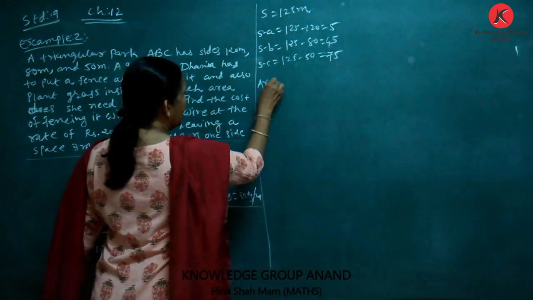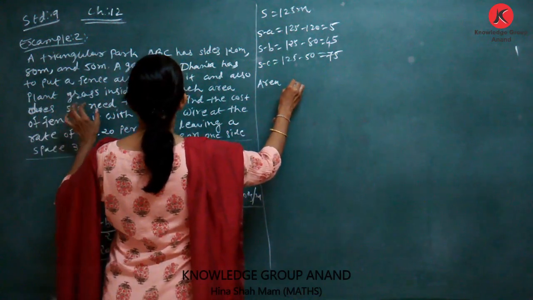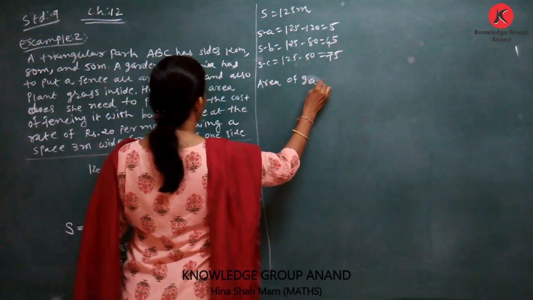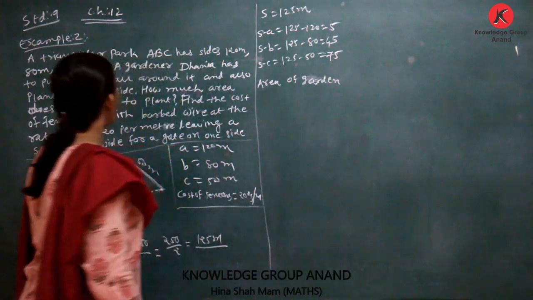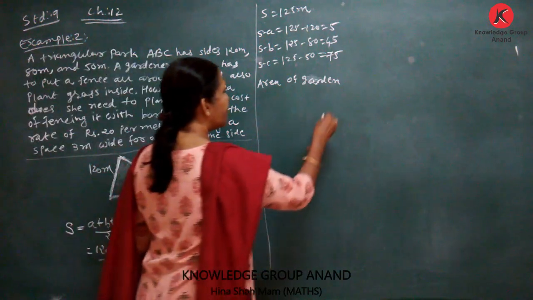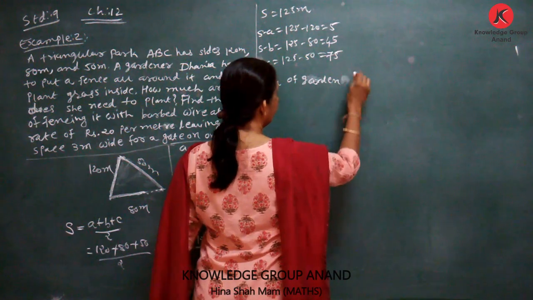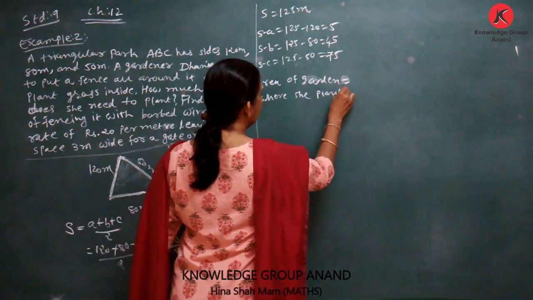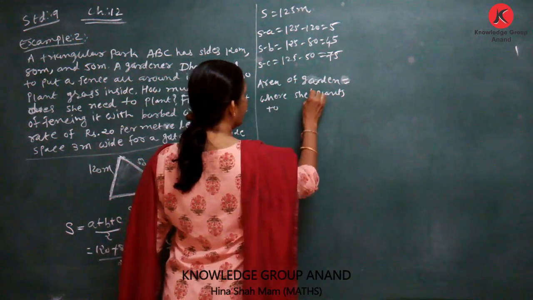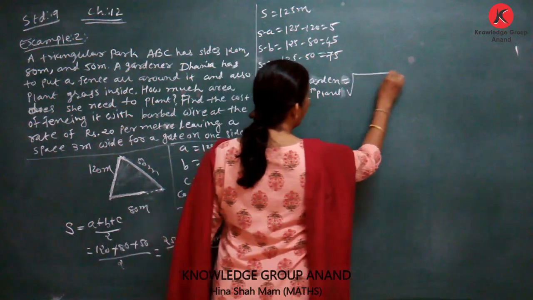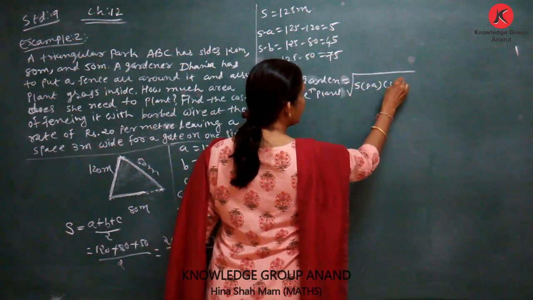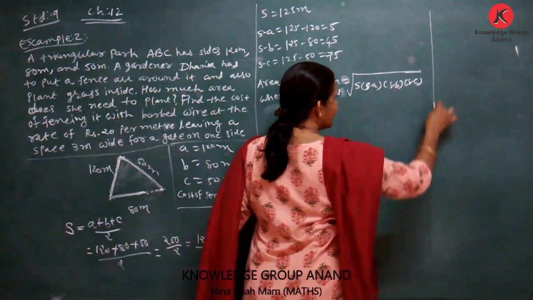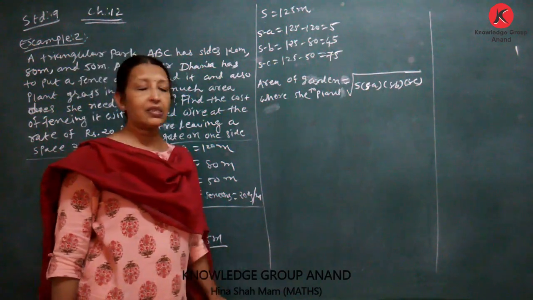Our formula: the area of the park where she plants grass is equal to the square root of S into S minus A into S minus B into S minus C.